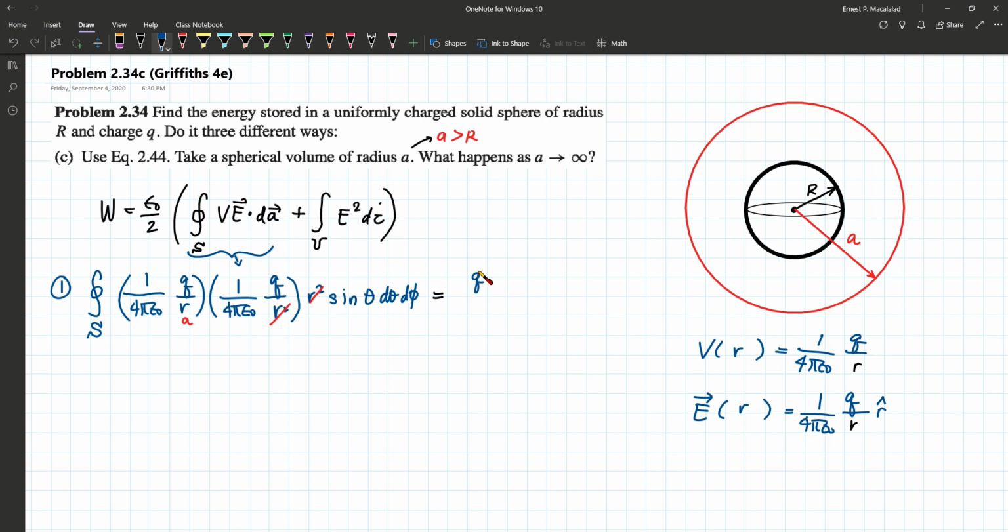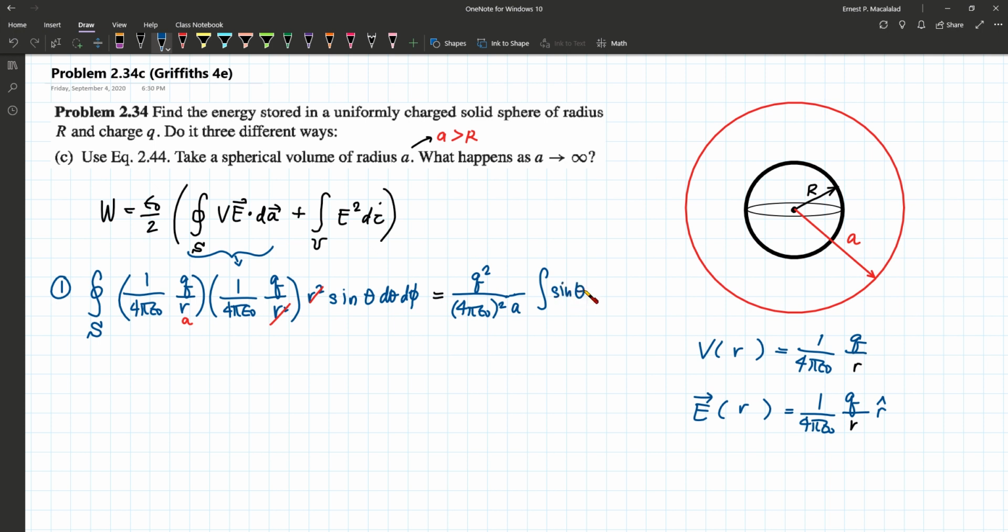So this is Q squared divided by 4 pi epsilon naught squared times A times the integral of sine theta d theta d phi.